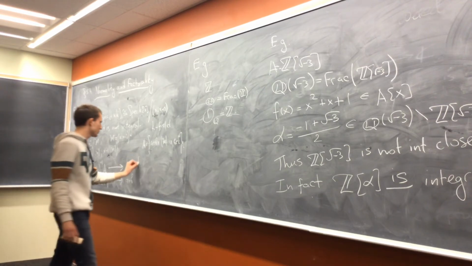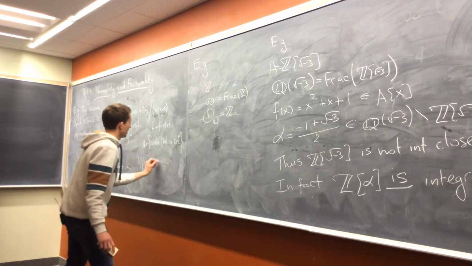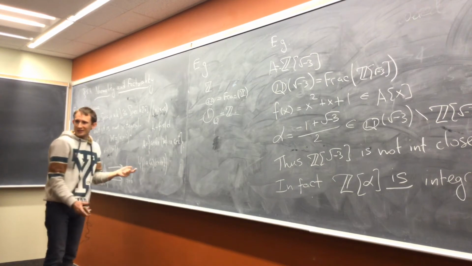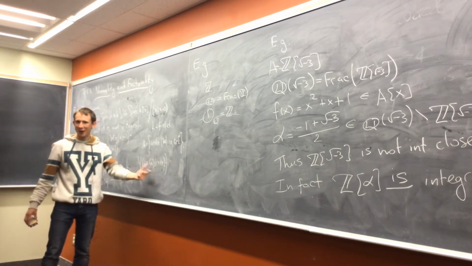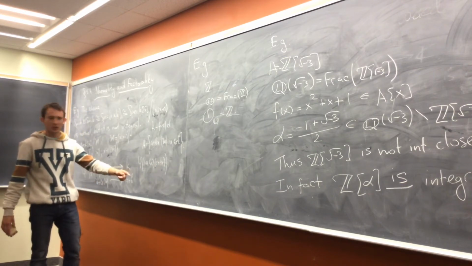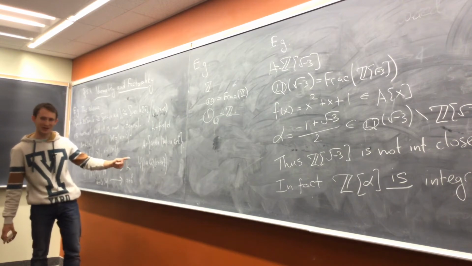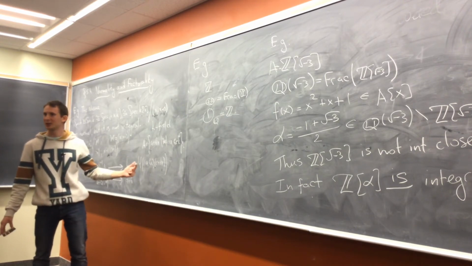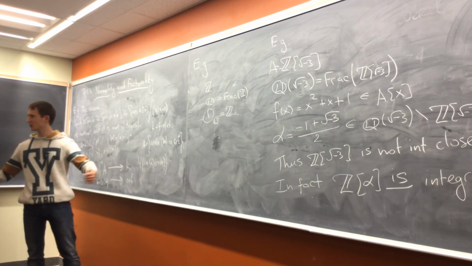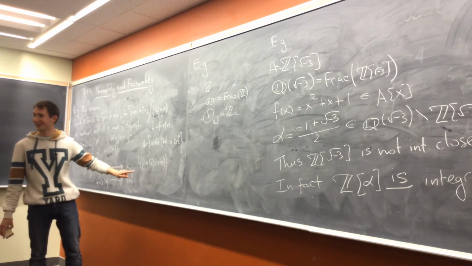All that we need to do is verify that phi of (a plus bx) times (c plus dx) is the same thing as phi of a plus bx times phi of c plus dx. These are the elements of A. With this identification of x squared and x, this should be pretty clear. Are we good with that? Can you do it on your own? I actually did it, honestly. Okay.